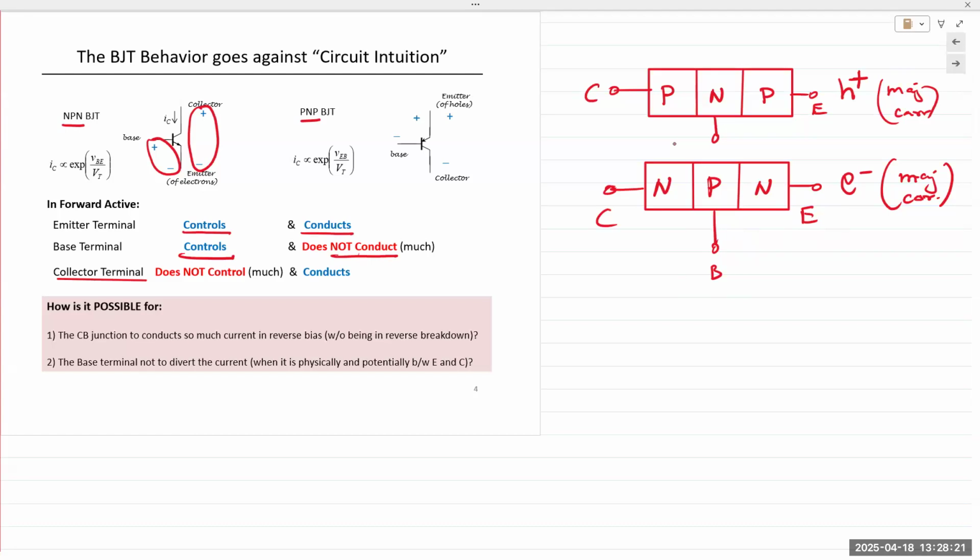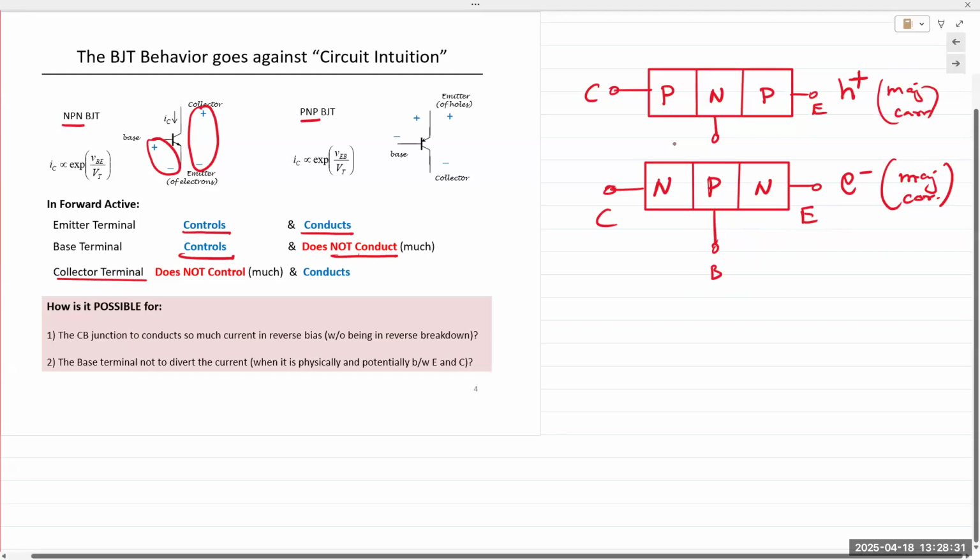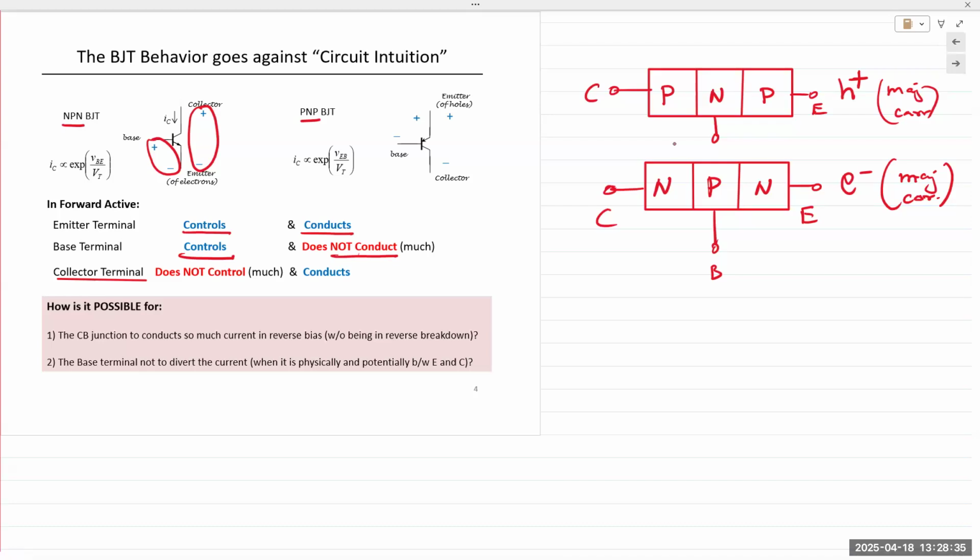It behaves like a regular diode. Whereas when you look at the collector base junction, and it's not marked here, the collector base junction is actually reverse bias. Okay, so the CB junction is actually reverse bias.